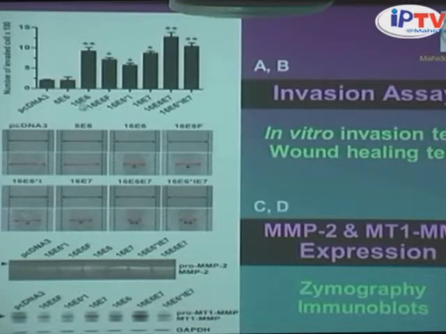Then you will see that cells expressing different types of virus protein also show high numbers of invading cells when we test with an in vitro invasion assay, and also by wound healing as a confirmation, we get the same results that all the virus proteins seem to show invasiveness.